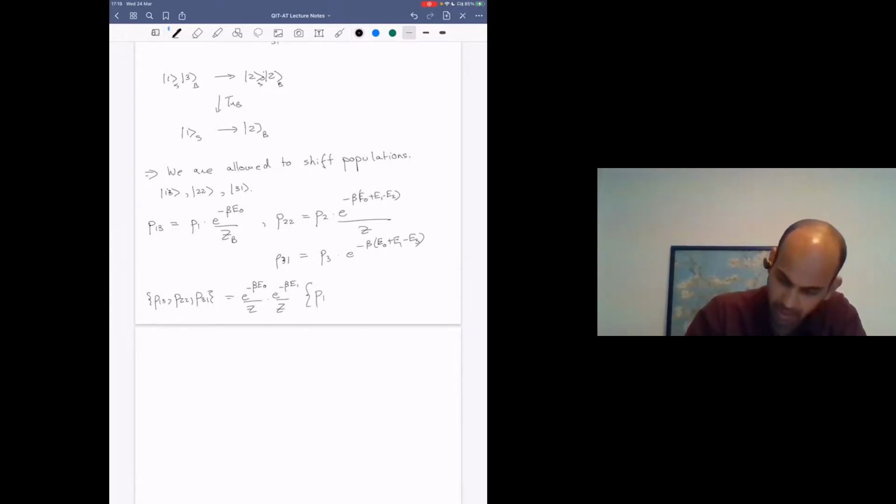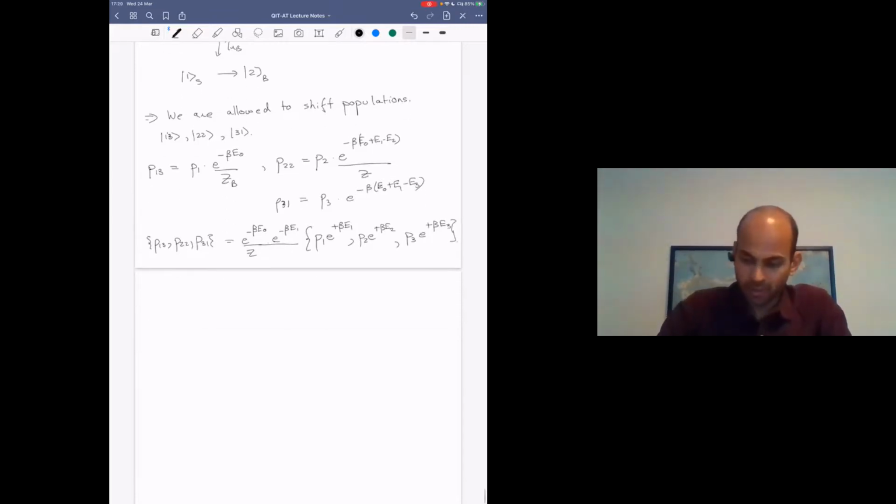I've taken E naught out, but because I've taken E1 out, I have to bring it back again. Oh, sorry, there's no need of a repeated Z. What is the second element? I've taken E naught and E1 out. So I'm left with P2 e to the plus beta E2. And as you can see, the same thing happens with 3. I'm left with P3 e to the plus beta E3.